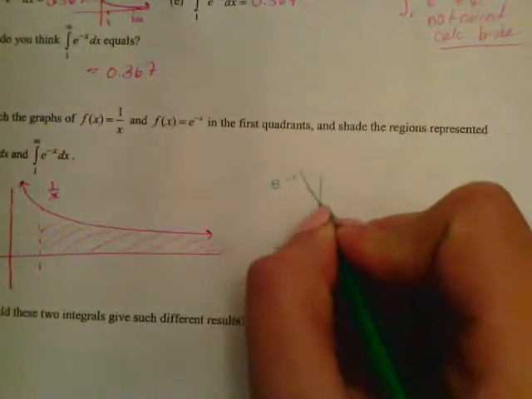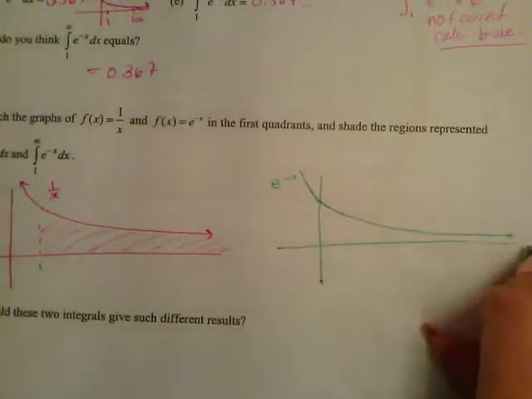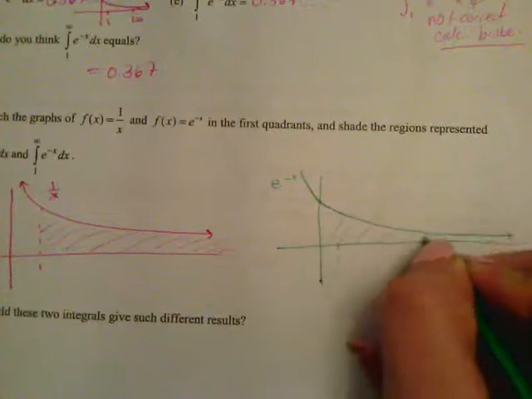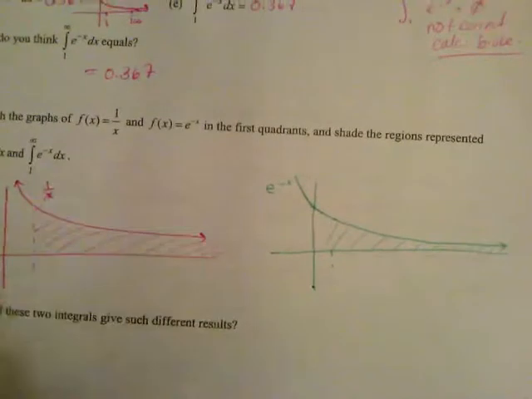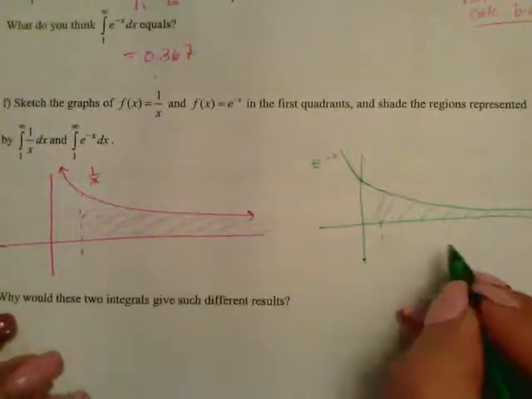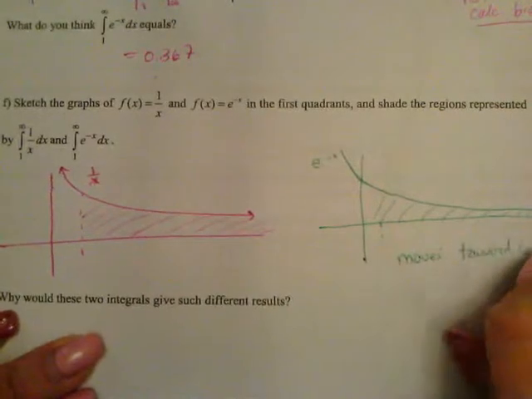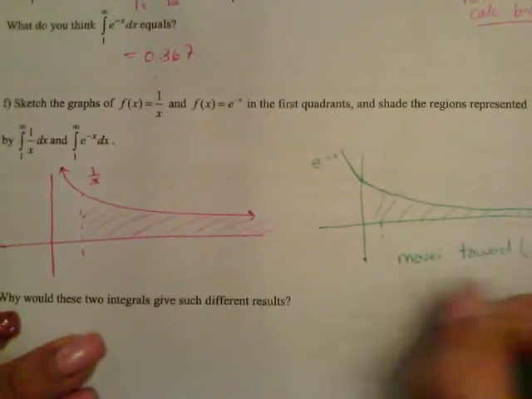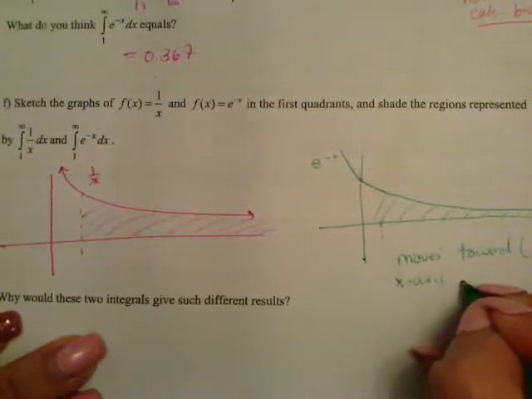First of all, it does cross through the y-axis, and from 1 to infinity kind of looks like this. So here they look almost identical, but we obviously ended up with two completely different answers. And the reason for that is because this function right here moves toward, aka converges, towards the x-axis faster.